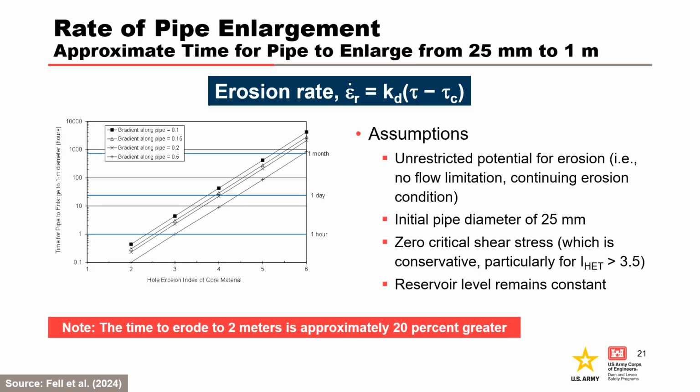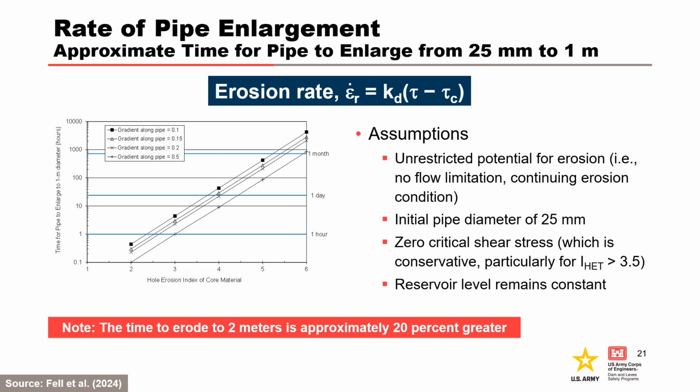The rate of erosion is an important consideration, and the excess shear stress equation can be used to estimate the rate of pipe enlargement in the progression phase. This slide is also presented in the progression presentation. Based on hole erosion test results, this figure shows the approximate time for a pipe to enlarge from 25 millimeters to 1 meter in diameter as a function of erosion resistance and hydraulic gradient based on the assumptions shown.